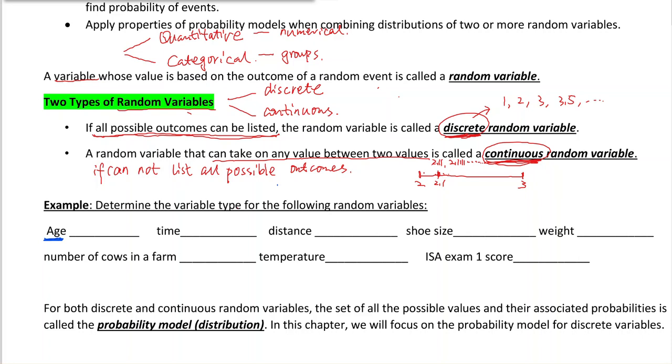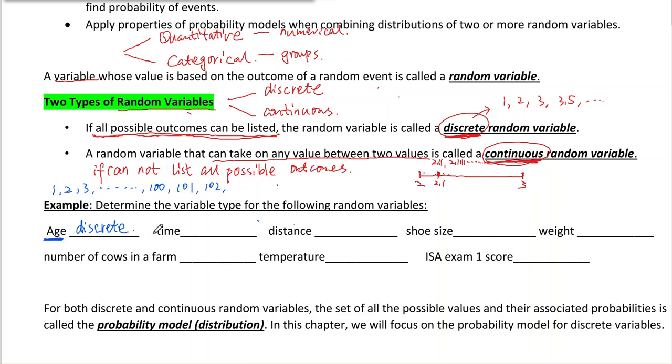You can always list all these possible outcomes. You can always write out 1 year old, 2 years old, 3 years old, and keep going on, for example 100, 101, 102. So the age will be a discrete variable.